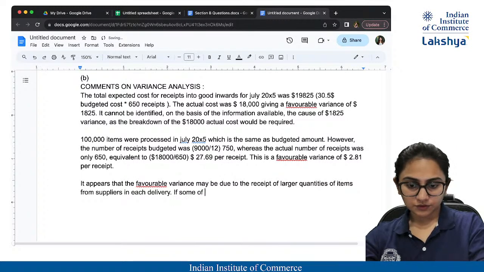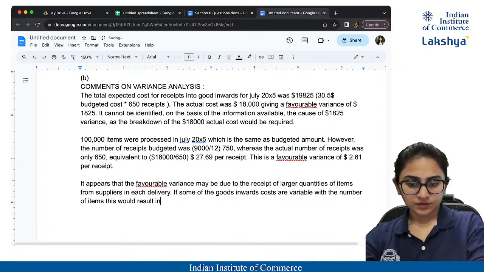If some of the goods inward costs are variable with the number of items, this would result in cost saving.